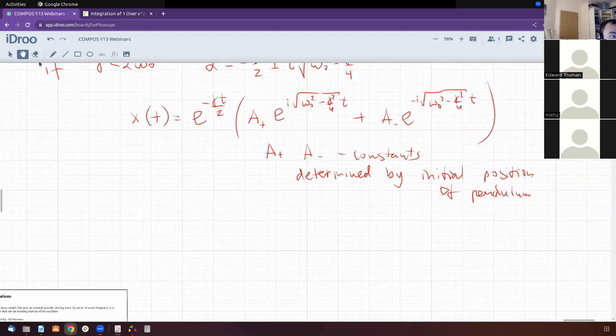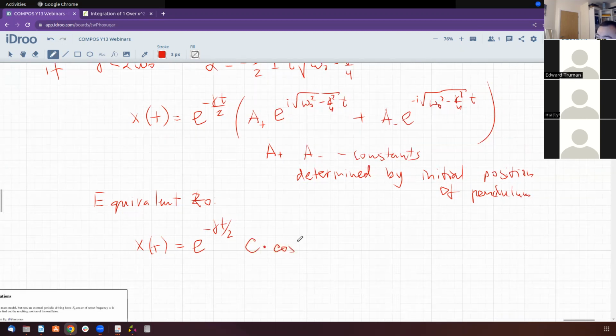And this can be rewritten. This is equivalent to x of t is equal to e to the minus gamma t over 2, times C multiplied by cos of the square root of omega 0 squared minus gamma squared over 4 t, plus S multiplied by sine of the square root of omega 0 squared minus gamma squared over 4 t.